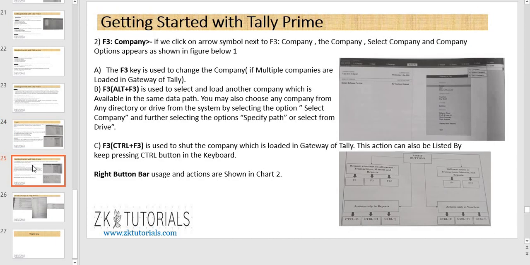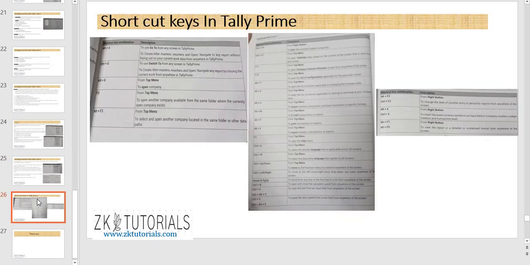The next is they have given you information about the F3 company button bar. And at the end they have given you some shortcut keys in Teleprime, which we actually use to work in Teleprime.